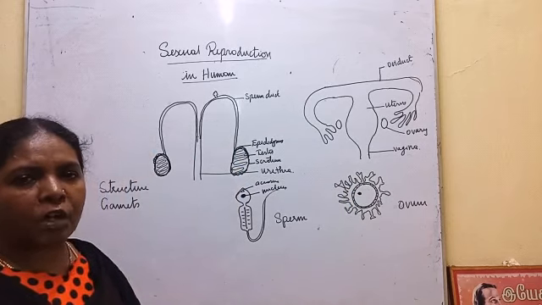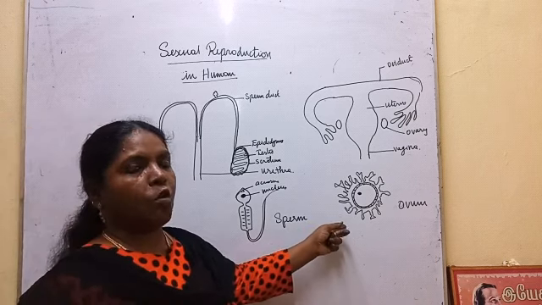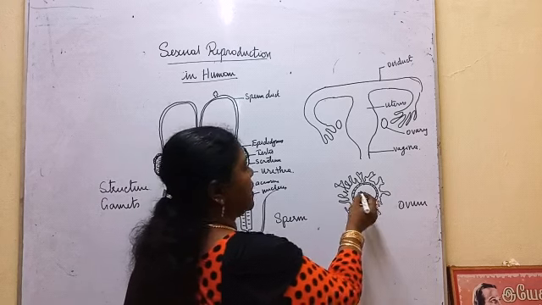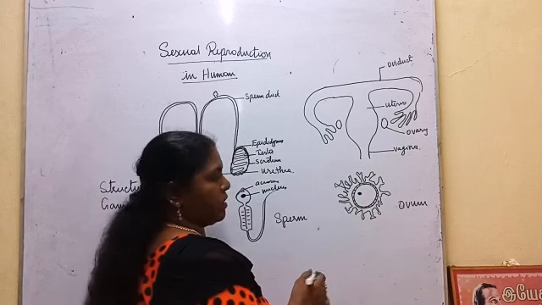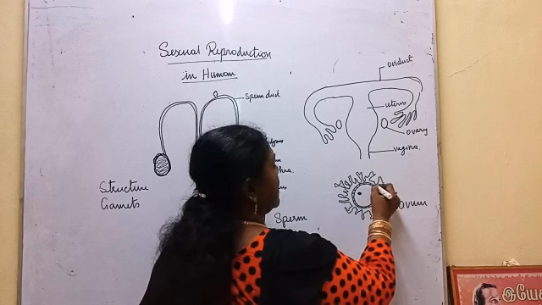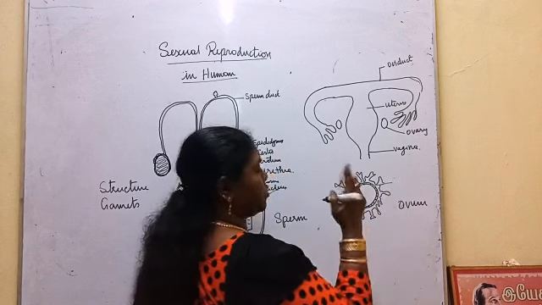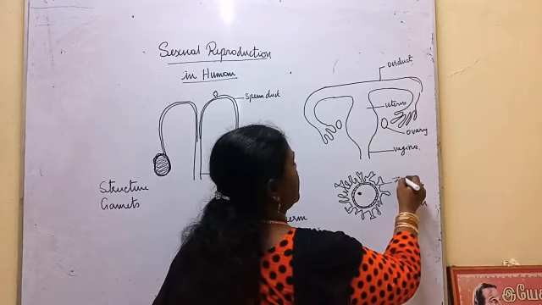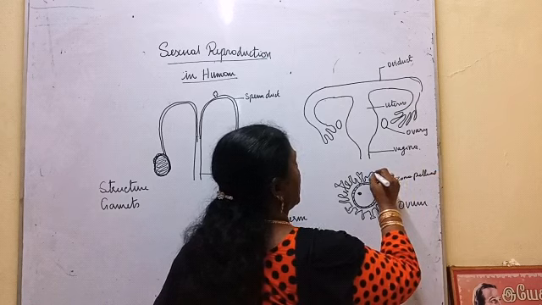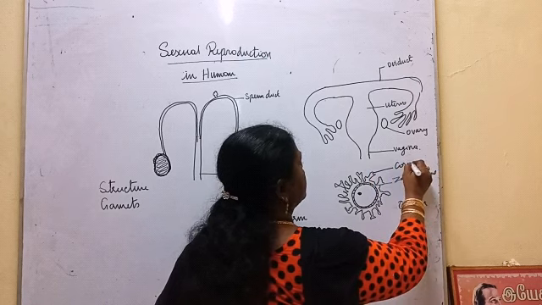The main function of ovary is to produce ovum. Ovum is the female gamete. Both sperm and ovum are unicellular. The ovum has cytoplasm, nucleus, and two layers, two membranes: zona pellucida and corona radiata.